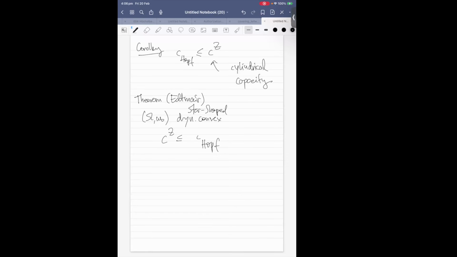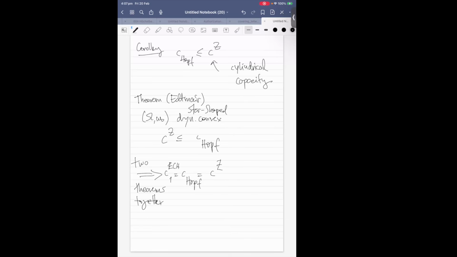So if you put these two inequalities together, these two theorems together prove that C Hopf, which is also C1 ECH, is equal to the cylindrical capacity, which is quite a satisfactory statement to have, because this means that between these two capacities, there is nothing else, right?